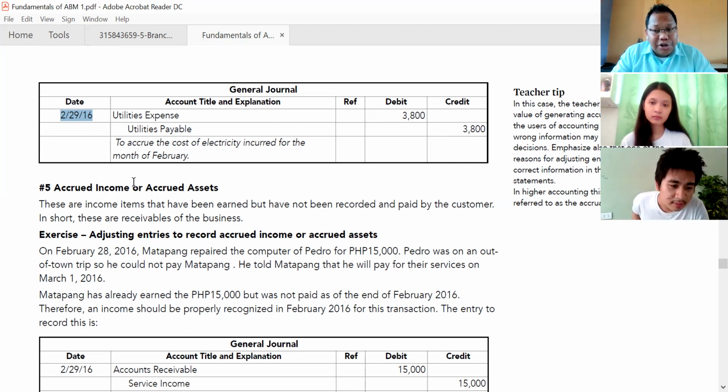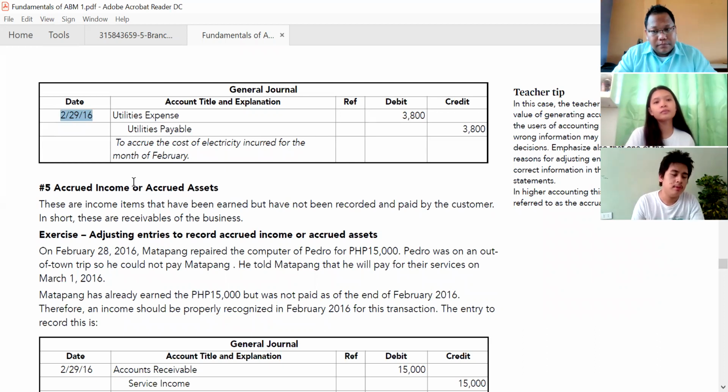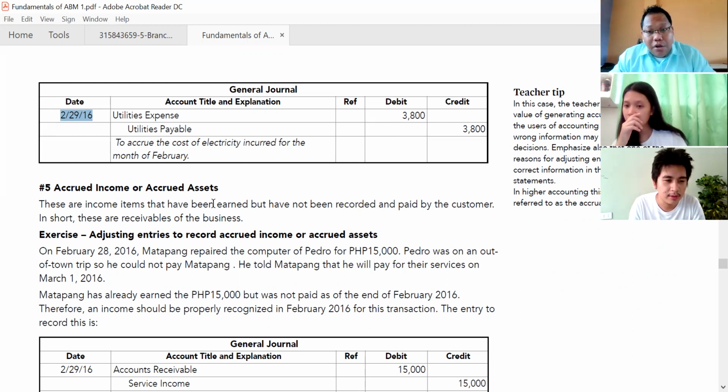Again, the transaction is the bill for electricity has been paid. What will be your journal entries? Utilities expense. Take note, you have already recognized utilities expense on Feb 29. Will you still recognize that on March 3?